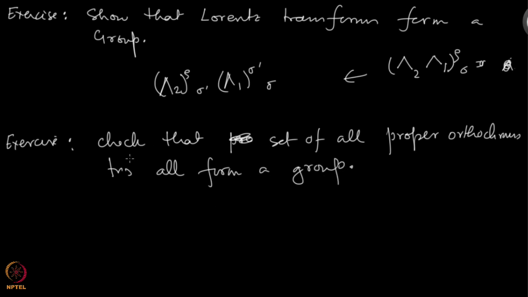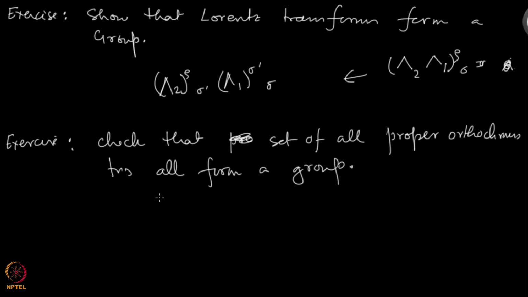Okay. And that will be easy, because once you have shown that all Lorentz transformations form a group, showing this will be easy, because the only additional thing you have to ensure is that when you multiply two proper orthochronous transformations, you stay within that set, meaning you again get determinant 1 and lambda 0 0 element positive. Okay, and again also you have to check about the inverses, that they also belong to the same set.